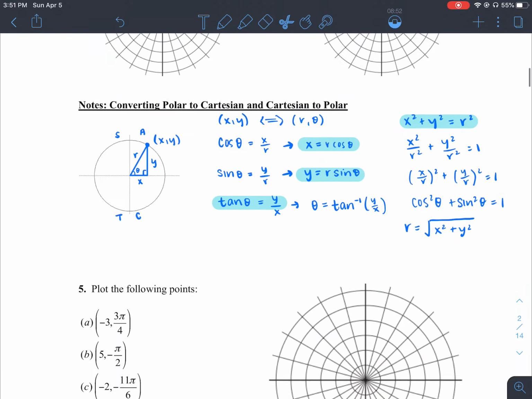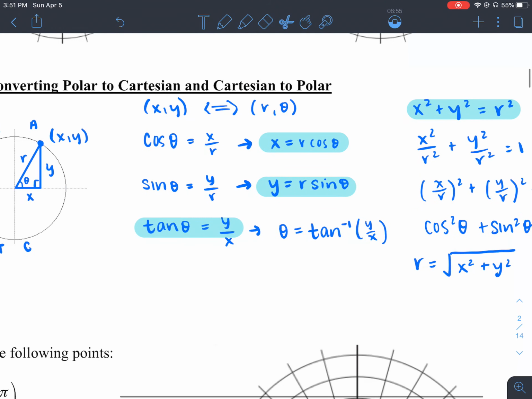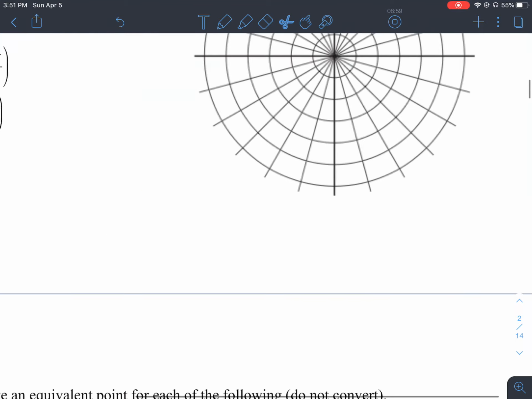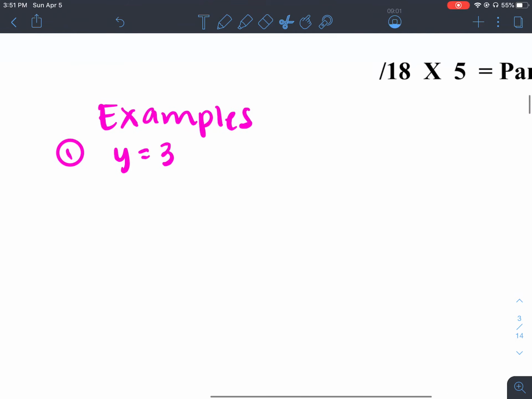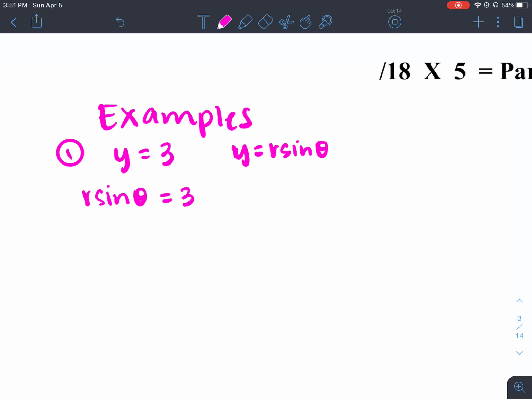We know from the page before that y is equal to r times sine of theta. So instead of using y is equal to 3, we're going to substitute in r times sine of theta for y, and now we have this equation: r times sine of theta is equal to 3.